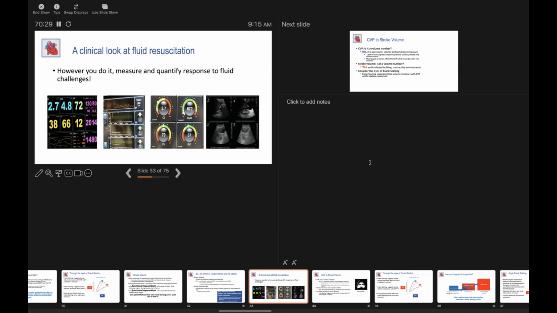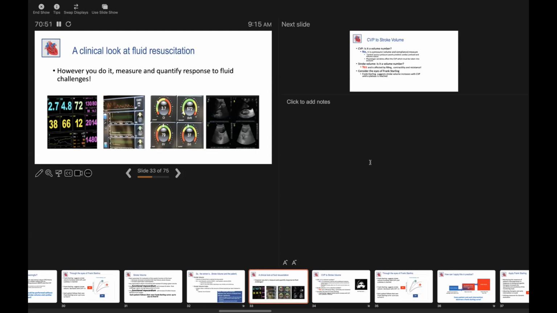The index is the second from the bottom, 2.7, and then the stroke volume is on the bottom, 48. Next to that is actually connected to an arterial line, giving us our cardiac index and our stroke volume. Also calculate SVR. And after that is actually looking at your ventricles with an echocardiogram.